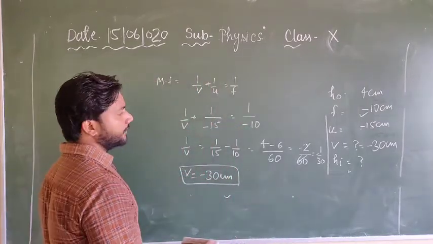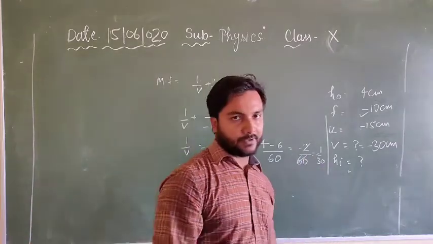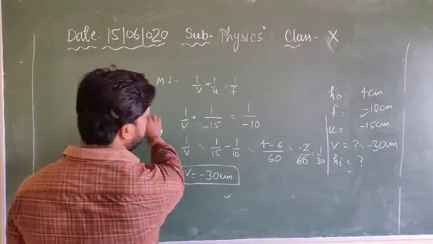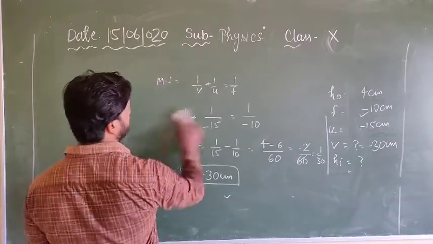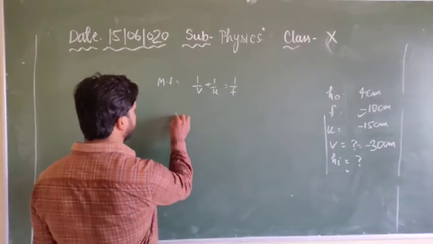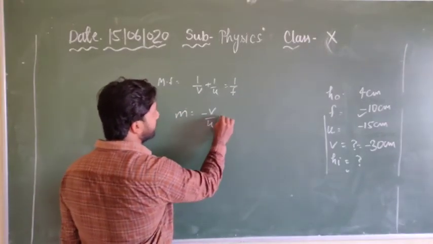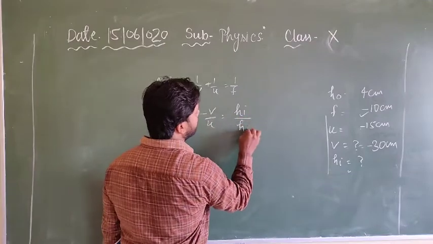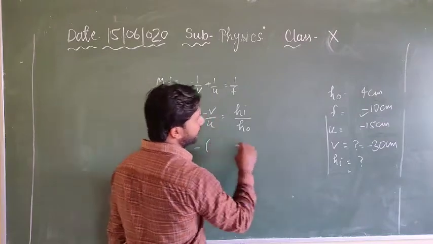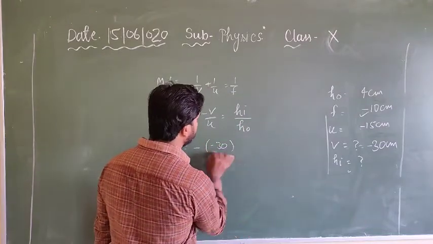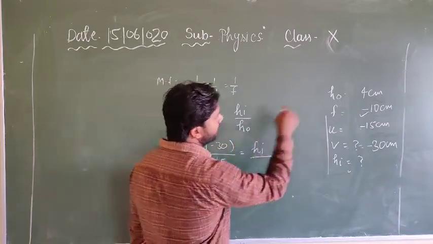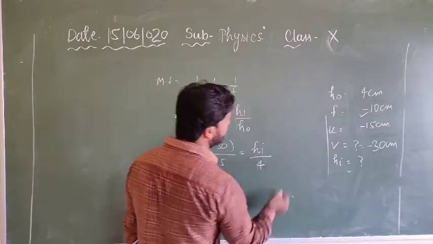Now the next question is HI. We have to find the height of the image. Magnification is equal to minus V upon U, and that is equal to HI upon height of object. I have found out the value of V, minus 30 centimeter, and the value of U equal to minus 15 centimeter. I don't know the height of image, but I do know the height of object, and that is 4 centimeter.